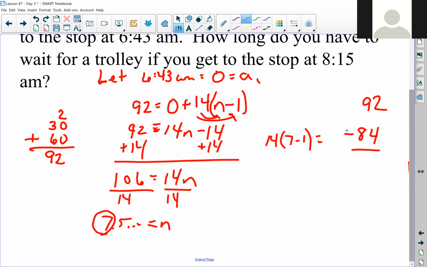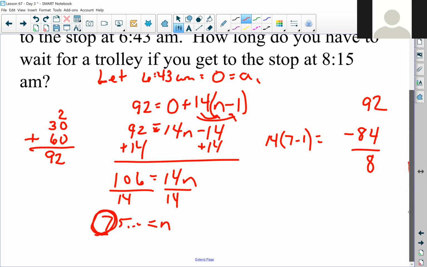So there were 84 minutes between the first stop and the 7th stop. And then I got to the trolley stop. And I know that it had stopped at minute 84, which was 8 minutes ago.